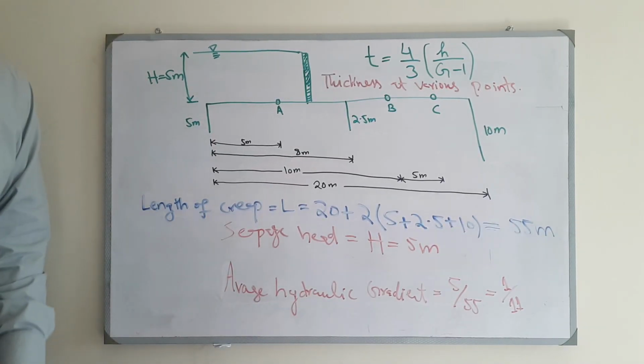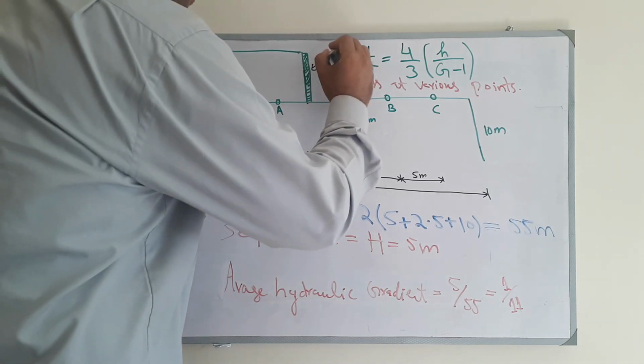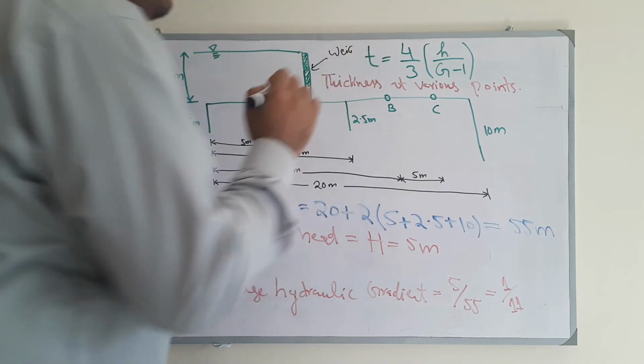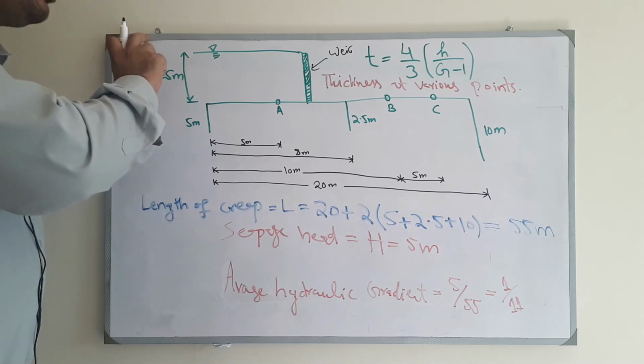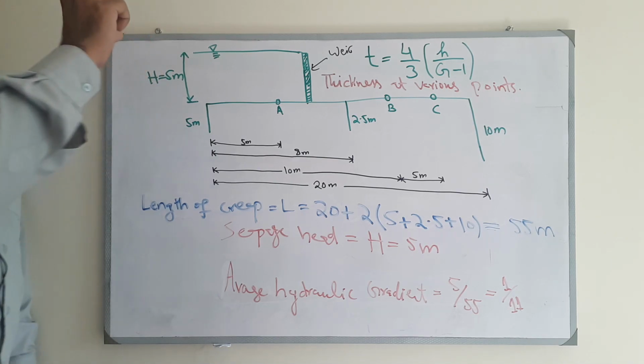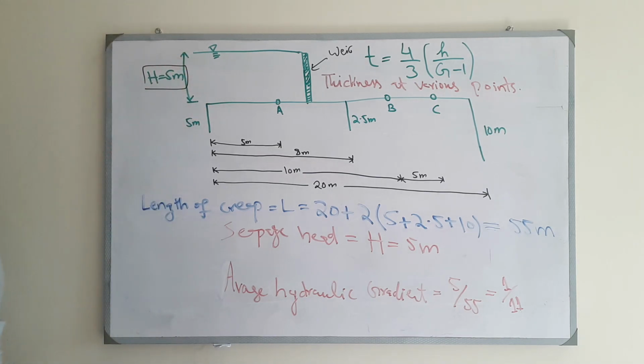So now this is a practical example to find the impervious floor thickness at various points. Here in this structure, this is a barrier. Let's consider it a weir. The seepage head, the depth of the impounded water at the upstream, is 5 meter, so H is given as 5 meter.